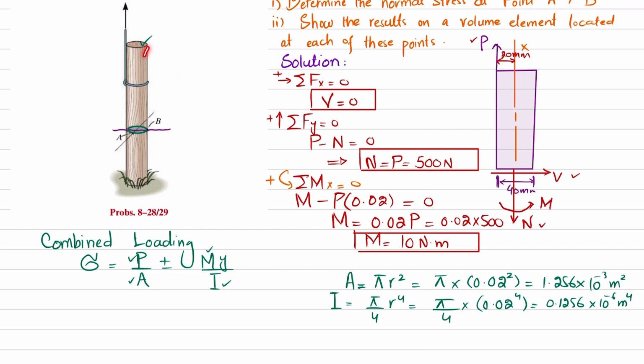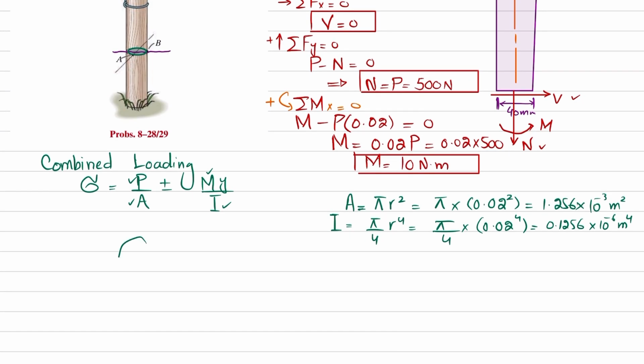There will be a compression on this side and there will be tension on this side, okay. And if I draw the cross section of that and its axis horizontal and vertical, this will be its point A and this will be the point B.